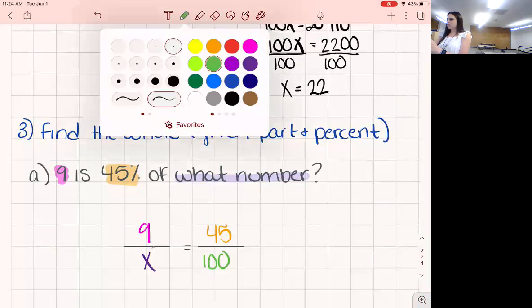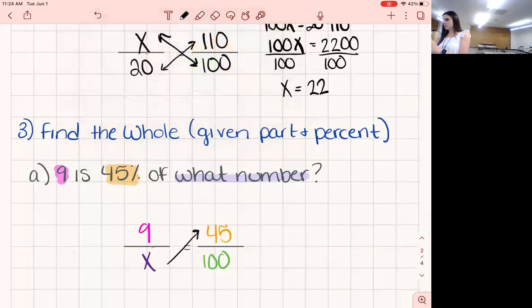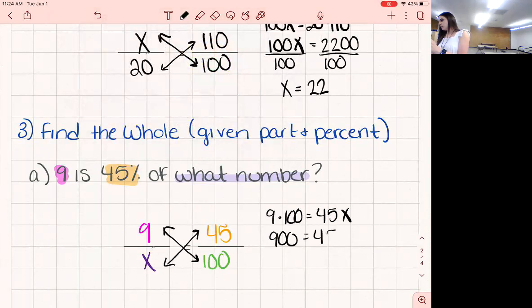We set up to cross multiply. End up with 9 times 100 equals 45x, becomes 900 equals 45x, divide by 45, divide by 45, and that should be one we can potentially do in our head and get 20 equals x.